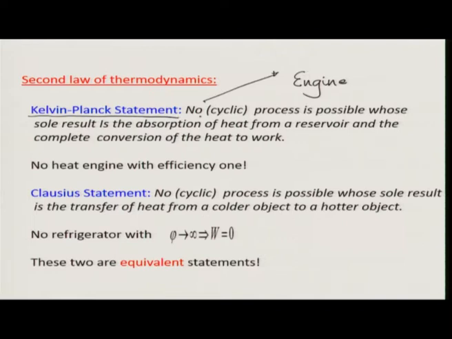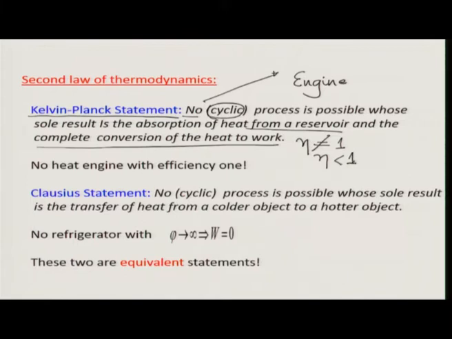It says that no, and this is a very important word, cyclic, no cyclic process is possible whose sole result is the absorption of heat from a reservoir and the complete conversion of the heat to work. That is, the efficiency of an engine is not equal to 1, rather it is always less than 1.